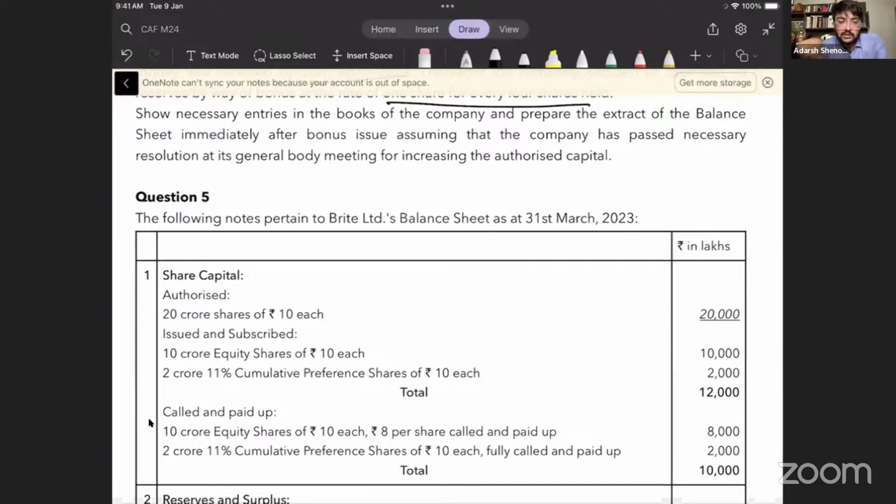This is happening in intermediate as well. These kids are not studying bonus issue. The people who studied the December attempt, they don't study bonus issue. They don't study redemption of preference shares. They don't study redemption of debentures. But there are concepts relating to this. When we study buyback of shares in intermediate, you need to know about bonus issue. When you're doing financial statements of a company, you need to know about bonus issue.